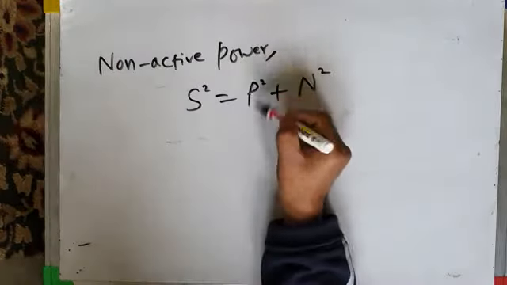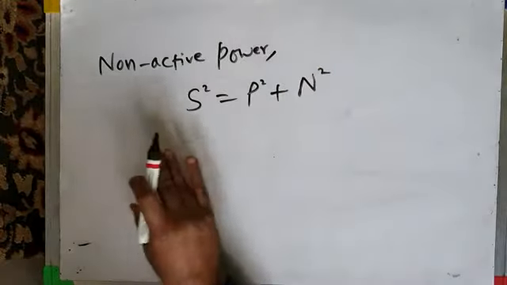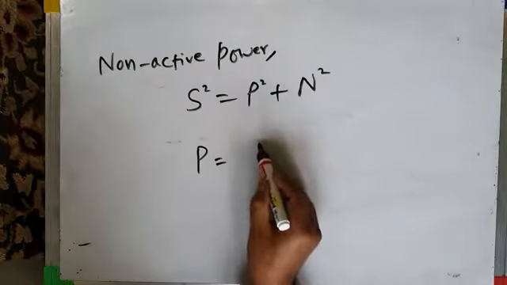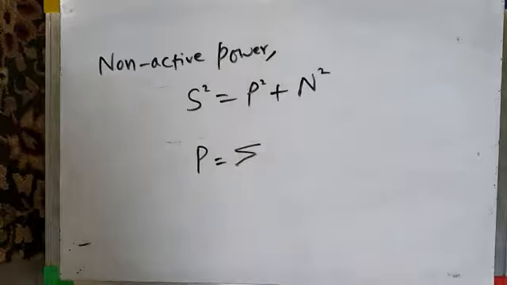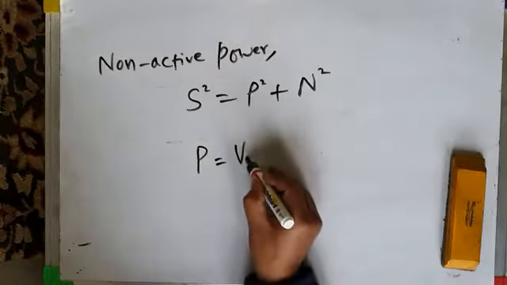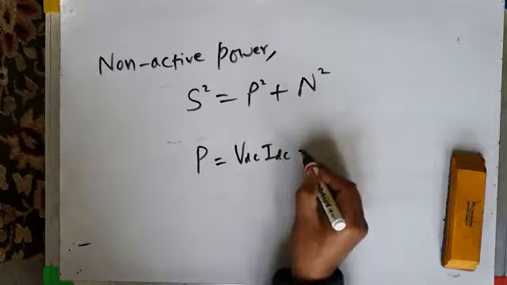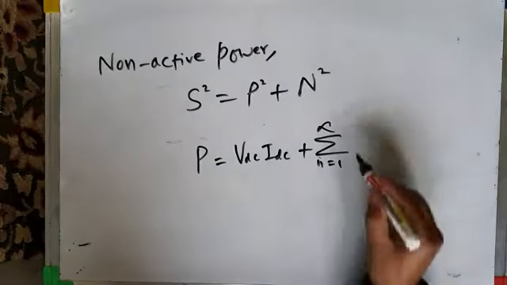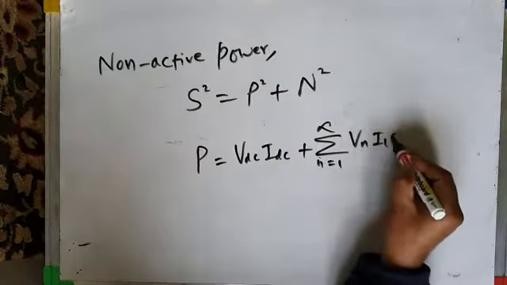The equation for active power we already have; a few moments back we derived it. What was that? Active power was VDC IDC, for you I am reproducing it again, plus summation n equal to 1 to infinity Vn In cos phi n.